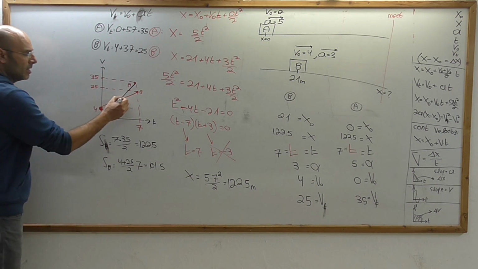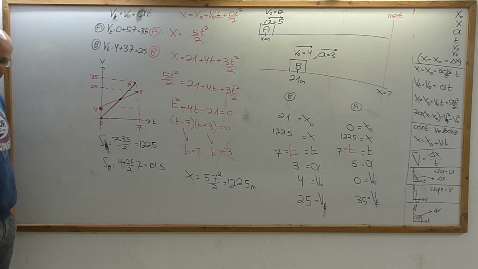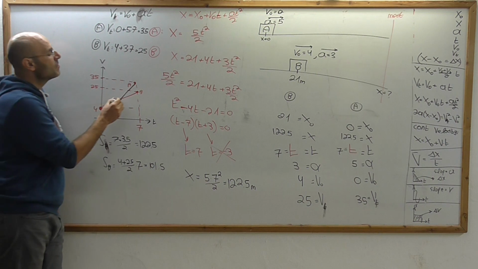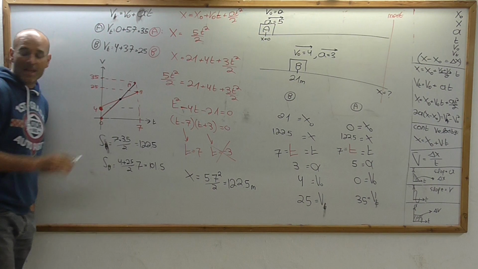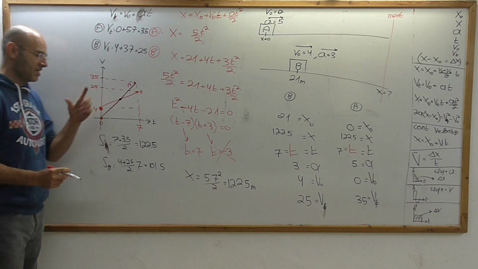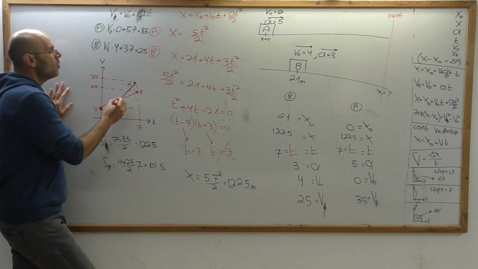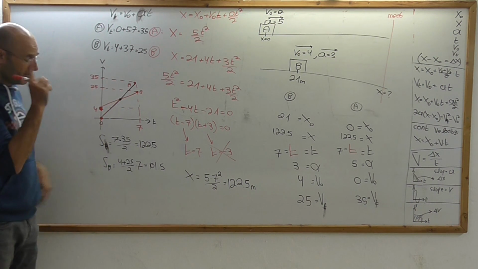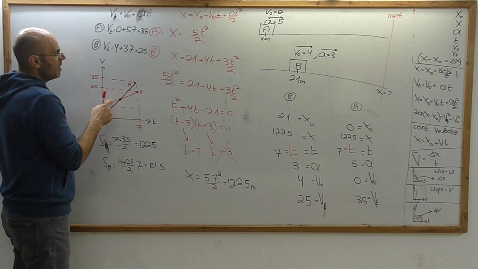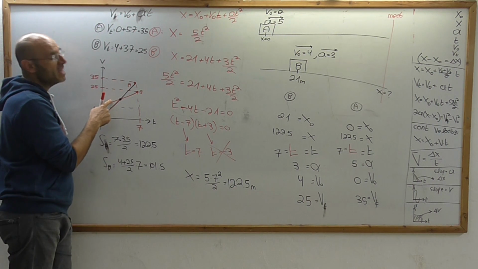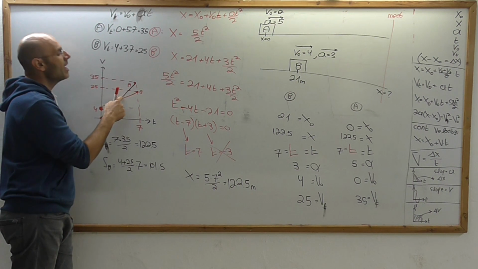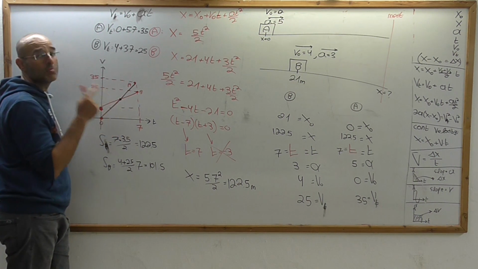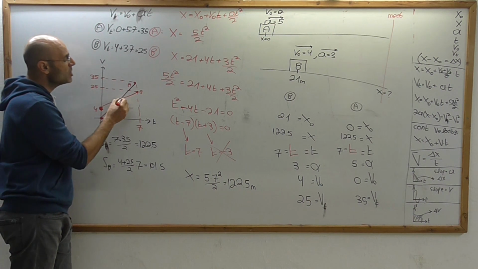Okay. This point is a very interesting point. It means the velocities of both vehicles are the same. Up until this point, the velocity of car B was faster, and from this point, car A is faster.